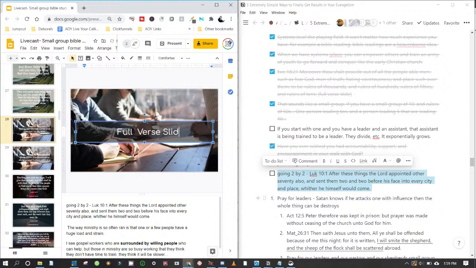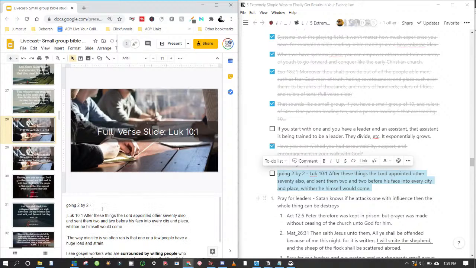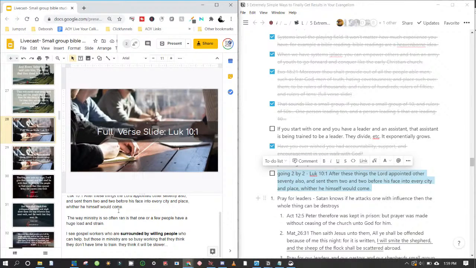Full verse slide, Luke 10:2. No, 10:1. That would be good. Like if there's a field that is ripe and ready to harvest and so few people to actually harvest it, that'd be a powerful illustration.